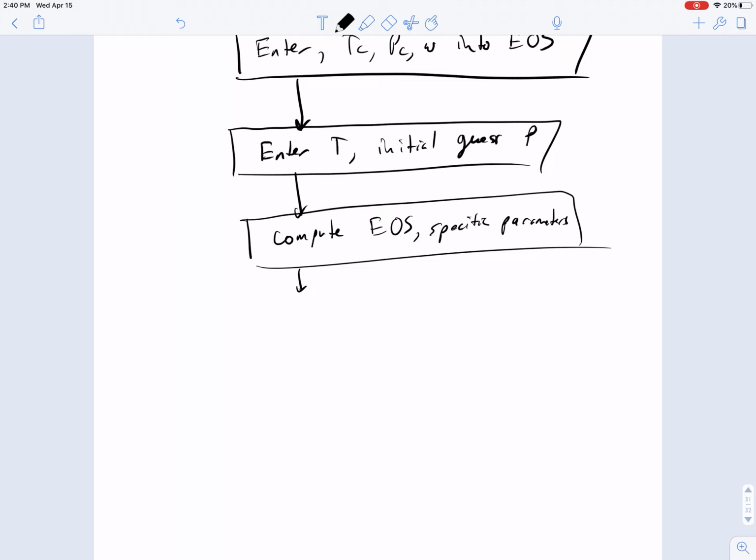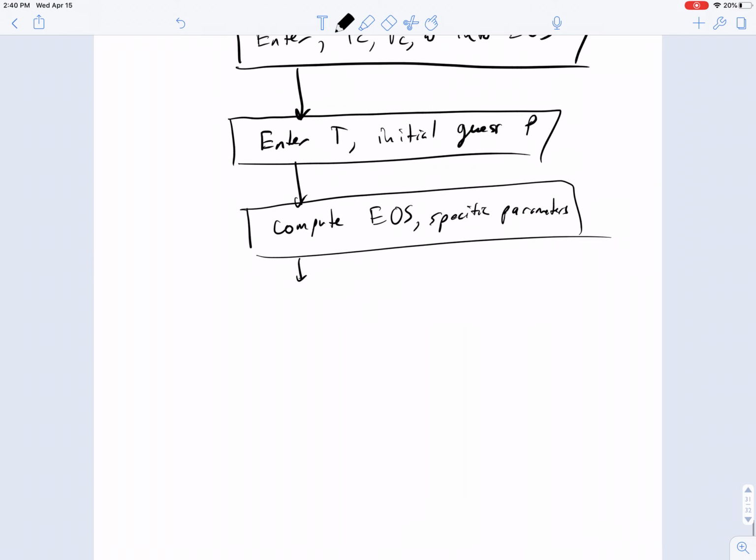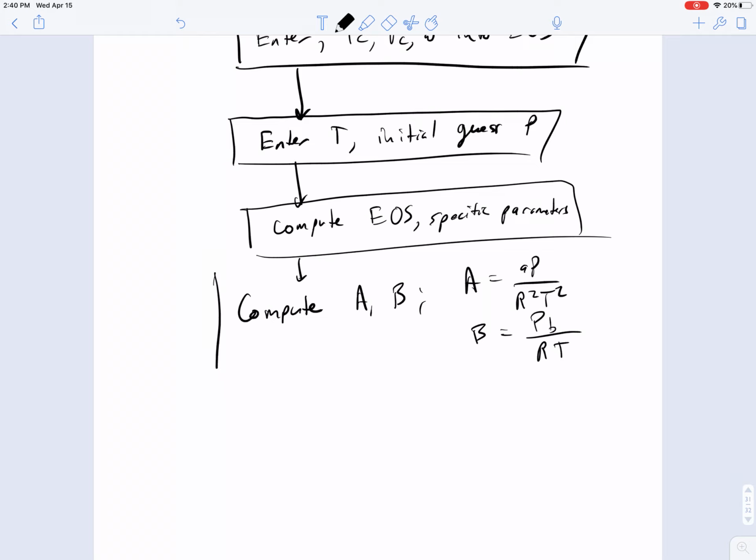If you need a link to the collaboratory that's not provided, let me know. Compute these coefficients A and B. We're going to do it for the Peng-Robinson equation of state. So A equals aP over R squared T squared, and B equals bP over RT. All these parameters go into your fugacity calculation and your equation of state calculation.